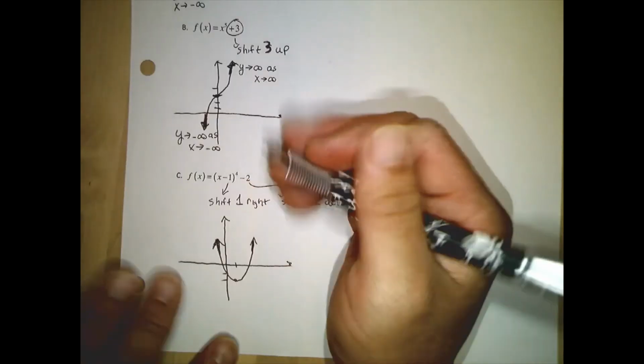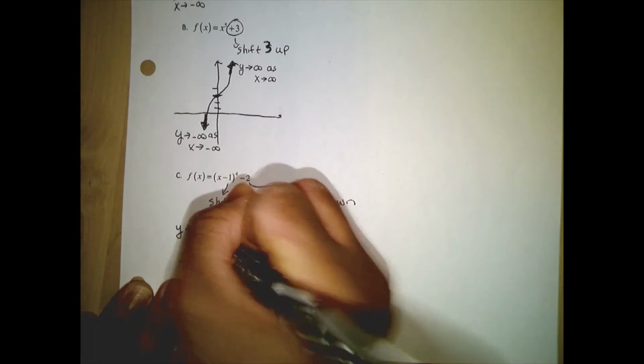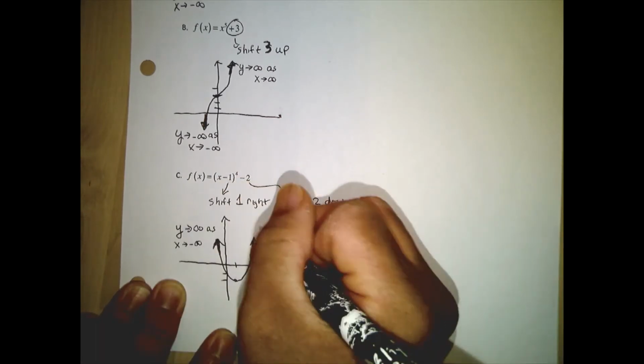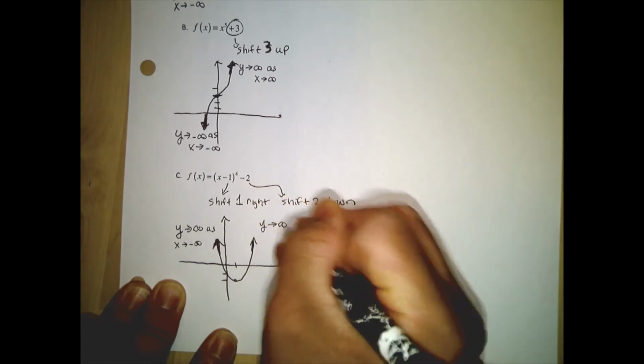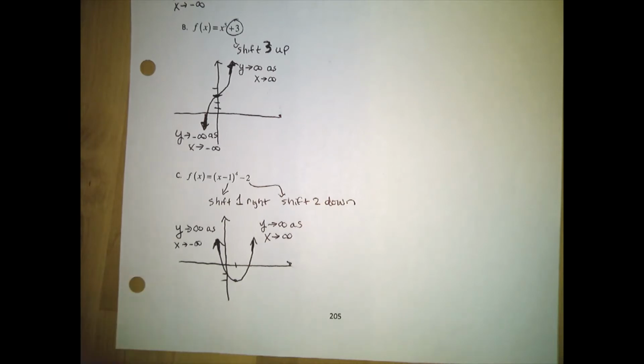So y approaches infinity as x approaches negative infinity, and y approaches infinity as x approaches infinity. All right, so that would be the end behavior if I wrote it out using mathematical symbols like that.